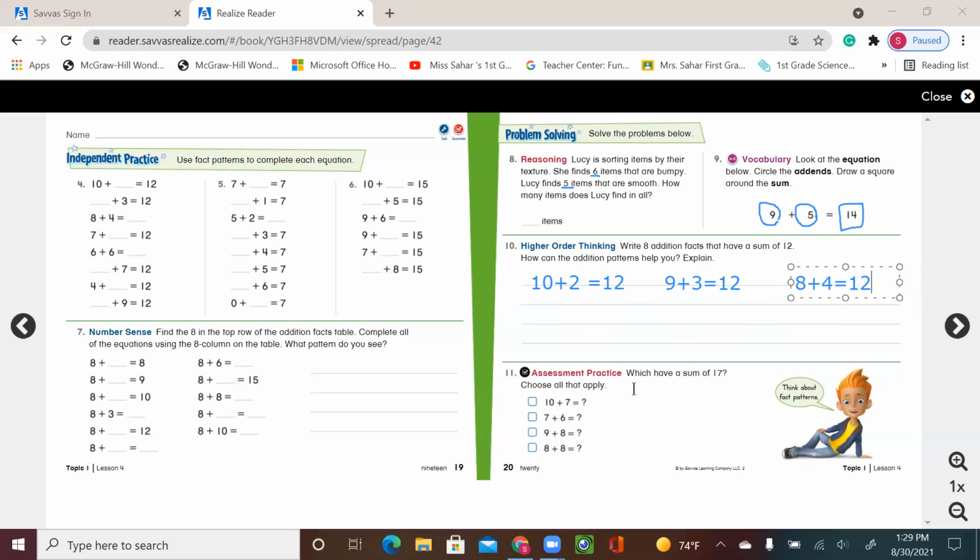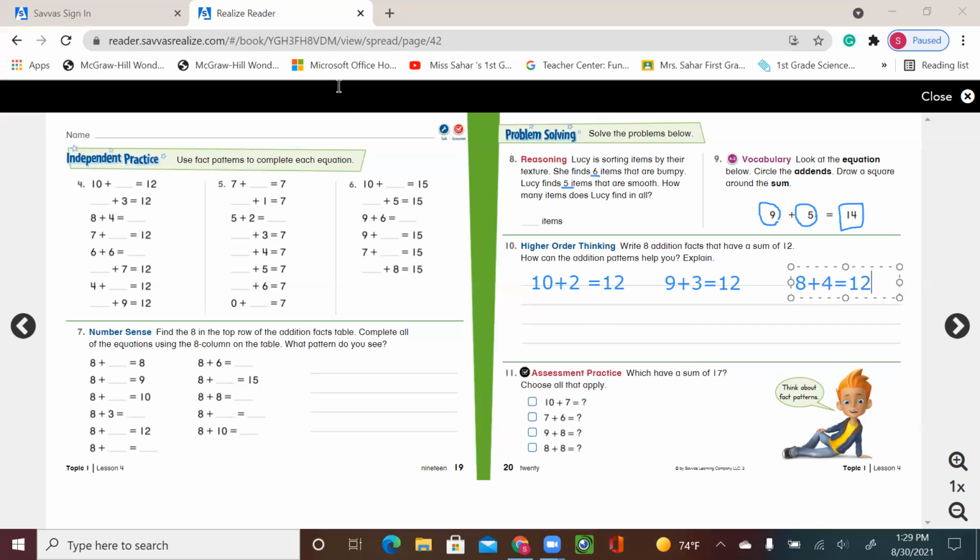All right, number 11, which have the sum of 17. Choose all that apply. So you might have more than one answer. 10 plus 7, 7 plus 6, 9 plus 8, or 8 plus 8. So there are 2 answers for this question. You can use counters, or you can draw pictures here and count them.